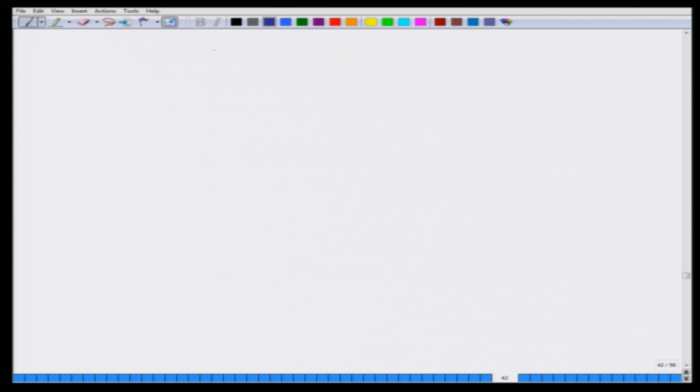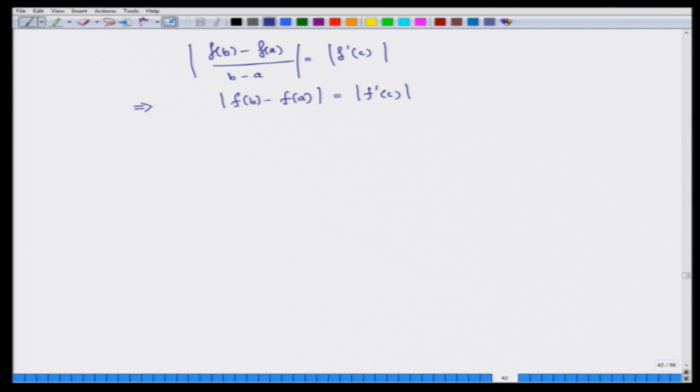Now, if you have f b minus f a by b minus a, you can write this as f dash c. Let me take the modulus of this quantity. This implies mod of f b minus f a is equal to mod of f dash c into mod of b minus a.